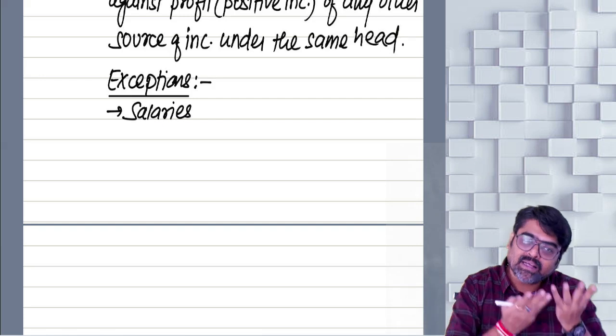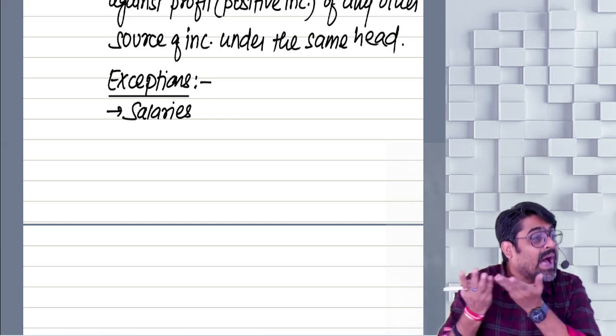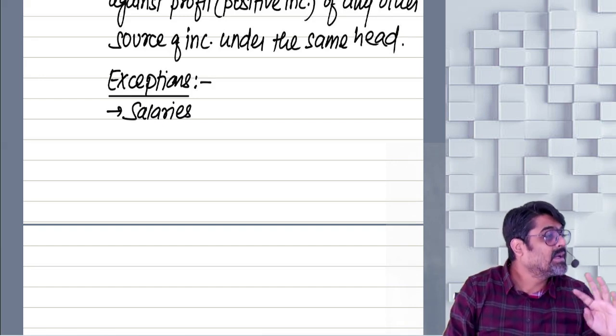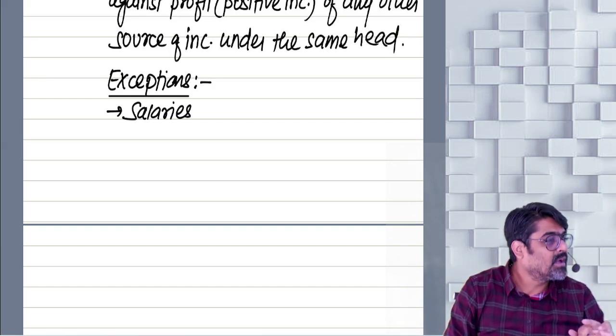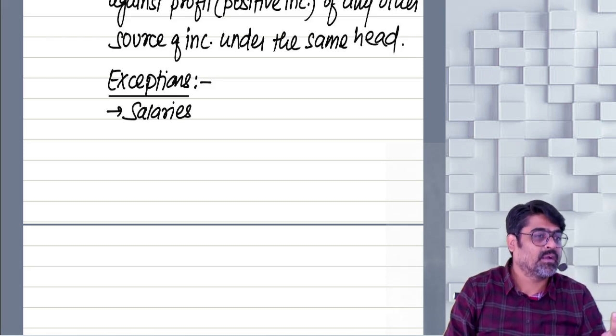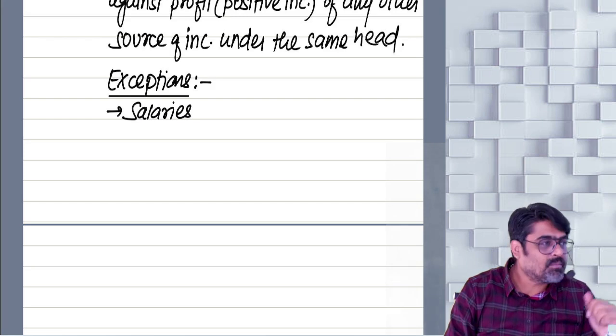Meaning, the deductions are never going to be higher than taxable income under the head salary. So under the head salary, you are not going to get any loss. And if you are getting one, bring your SRO number.